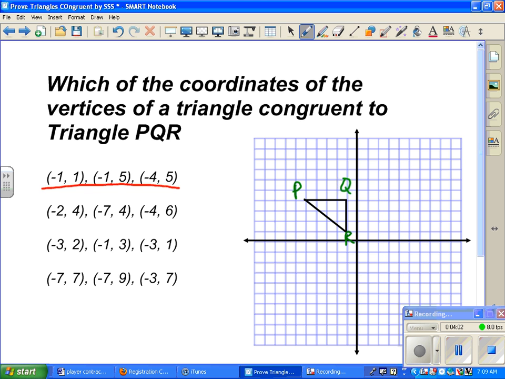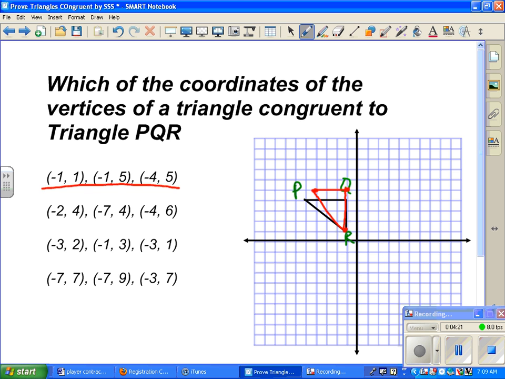So, let's see, I go to -1, 1. Go to -1, 5. 1, 2, 3, 4, 5. And I go to -4, 1, 2, 3, 4, 5. So there's one of these triangles. Okay.